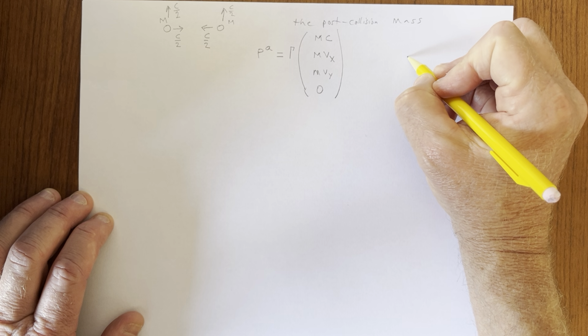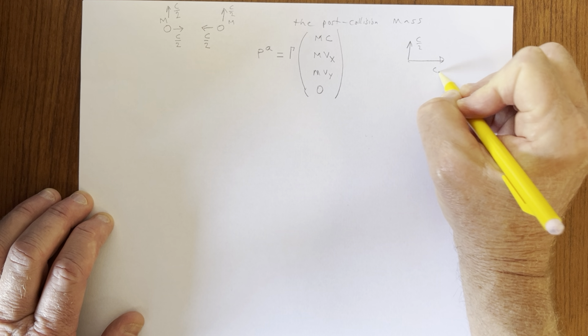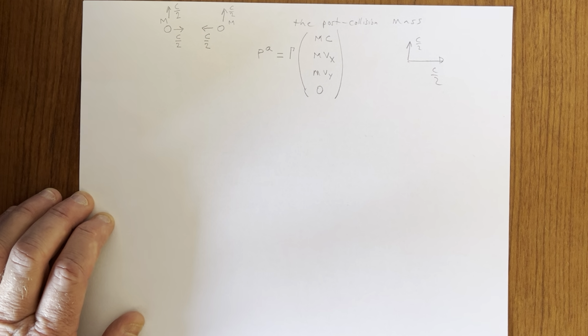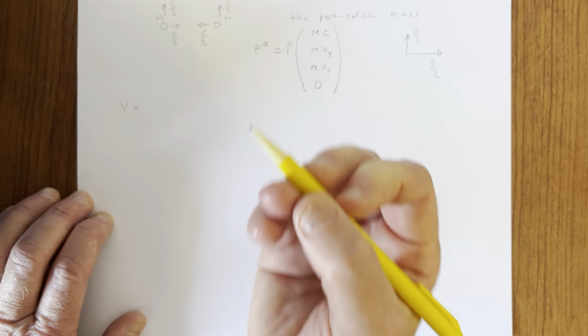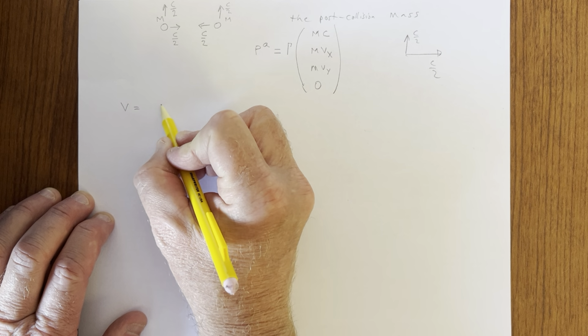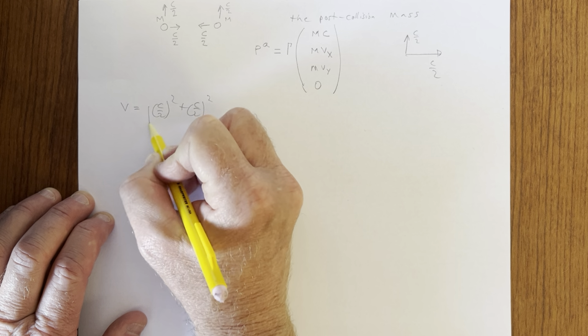We need the gamma factor, and it will be the same for both objects. So what we have is a velocity component of c over 2 this way and c over 2 that way. So what's the gamma factor for these two objects prior to the collision? Well, we have a speed which is just Pythagoras' theorem: the square root of c over 2 squared plus c over 2 squared.